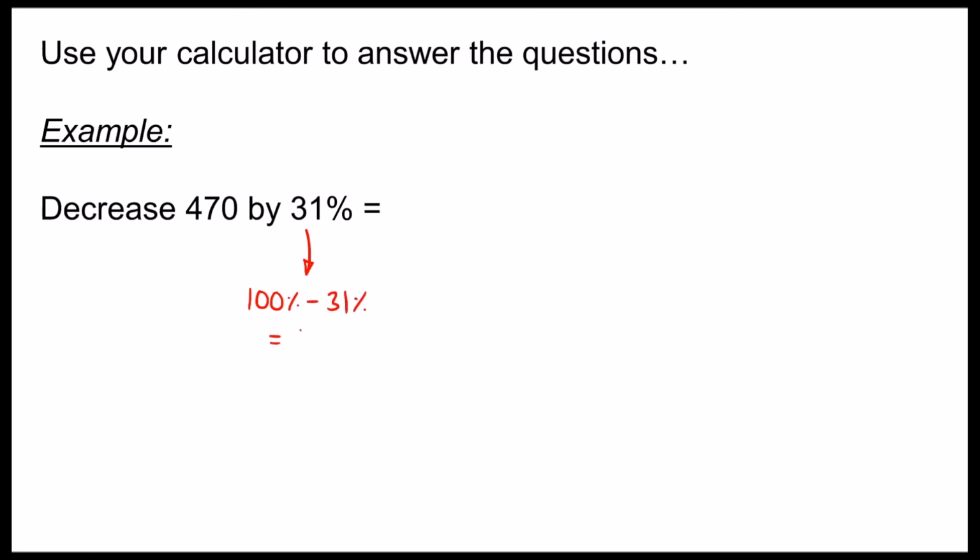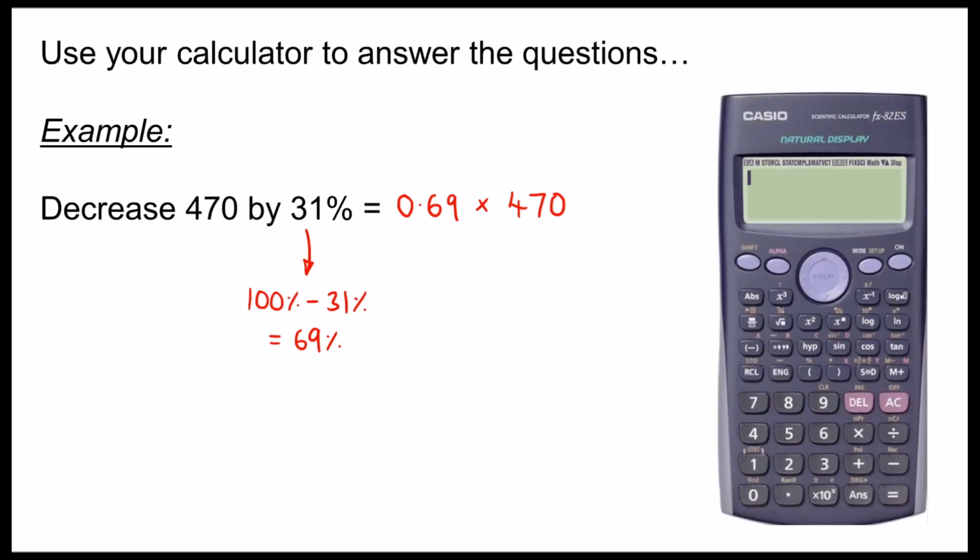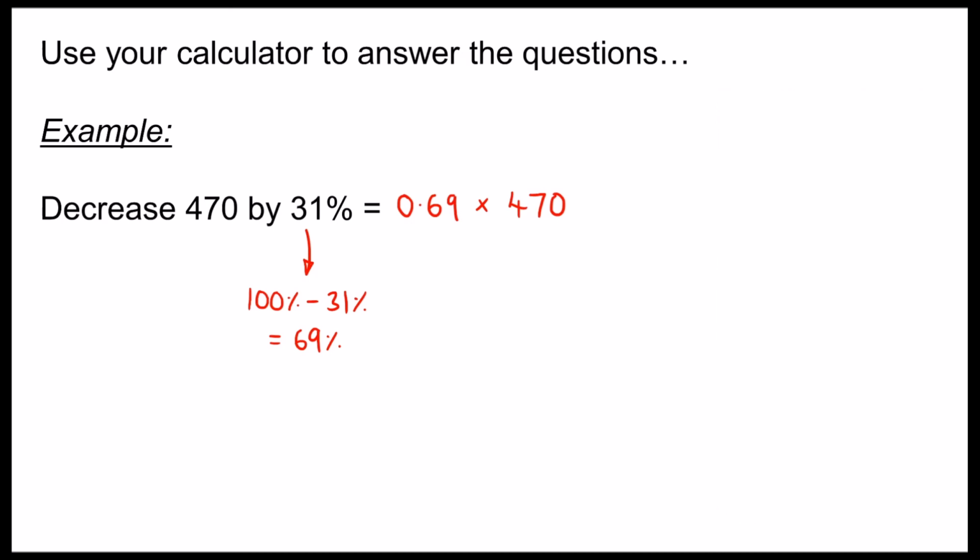That means I'd be left with 69% left over. 69% as a multiplier is 0.69, and I want to times that by the amount I'm trying to decrease, which is 470. Again, I can use my calculator to work out this answer. So 0.69 times by 470 converted to a decimal gives me 324.3.